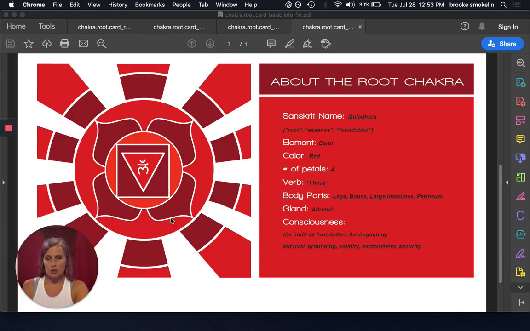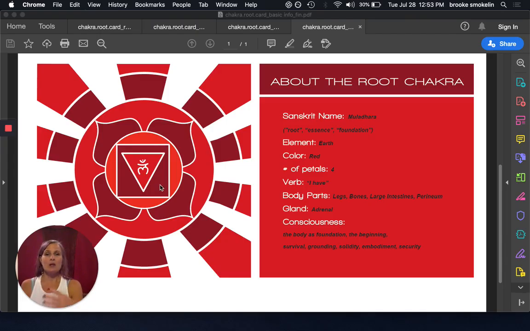The other thing we want to notice in the chakra yantra is the number of petals. Each of the chakras has a number of petals, and the root chakra is the number 4. You'll also see that same number 4 in this square shape inside the circle.